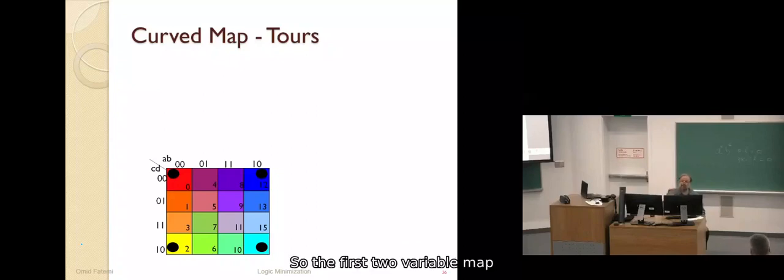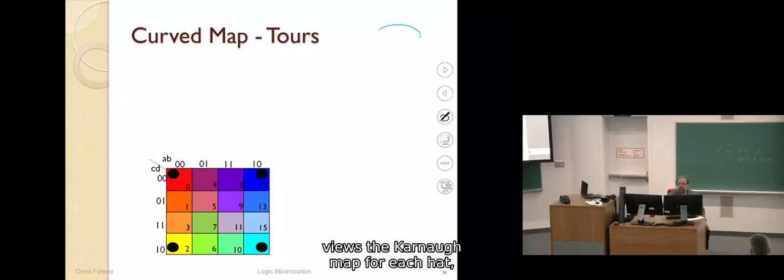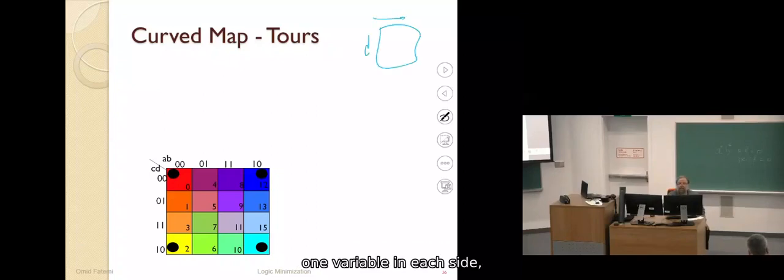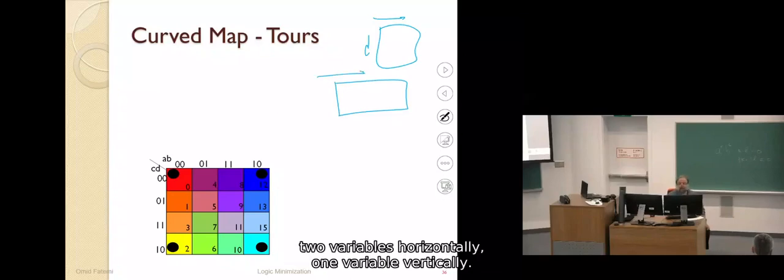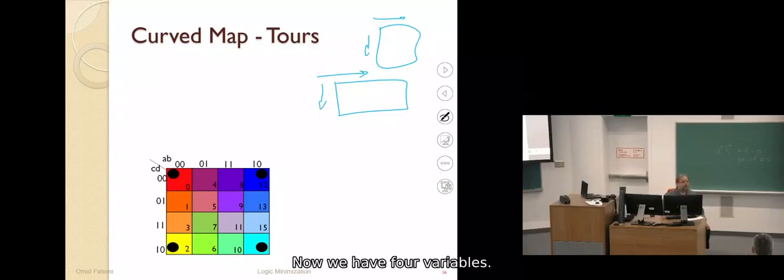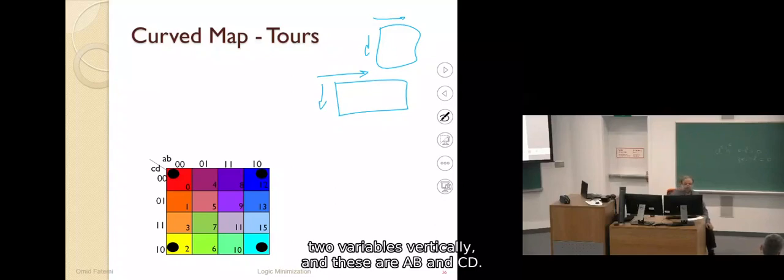For the 2-variable map, we used a Carnot map which had 1 variable in each side, 1 horizontally, 1 vertically. For the 3-variable map, we had 2 variables horizontally, 1 variable vertically. Now we have 4 variables, so we have 2 variables horizontally, 2 variables vertically, and these are A, B, and C, D.